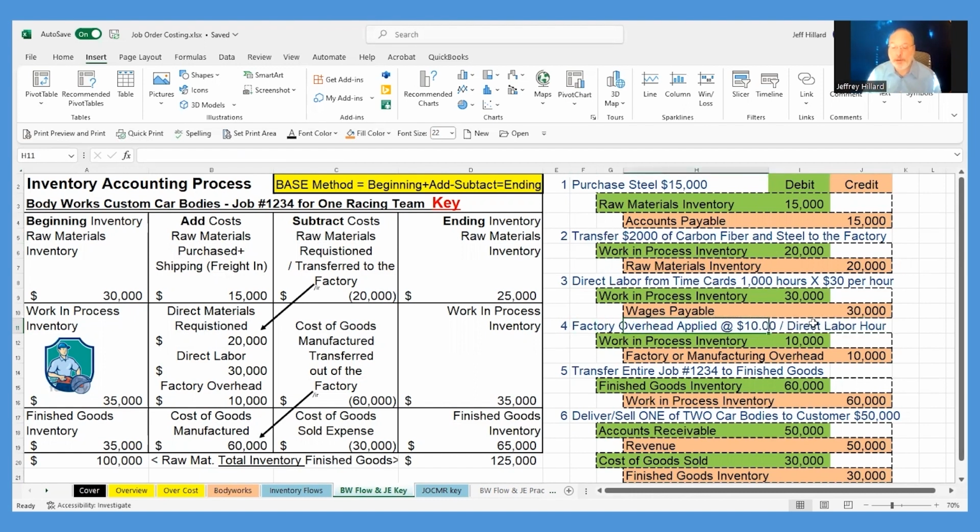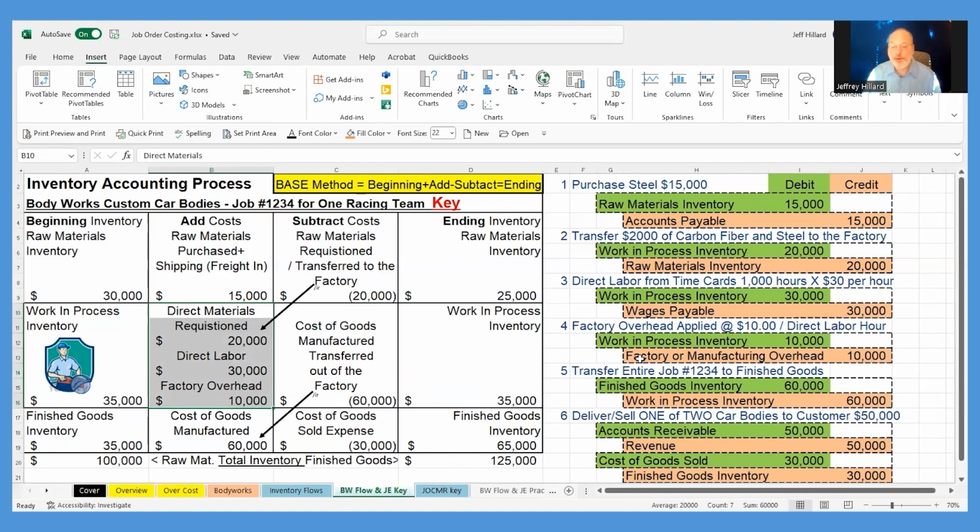You wouldn't run out and check the electric meter every time you used a piece of machinery. So we're going to put this all in one bucket, and we're going to allocate or apply. Remember, we use those terms interchangeably. Apply factory overhead, manufacturing overhead, at $10 per direct labor hour. $10 times 1,000 hours is $10,000 added to the cost of inventory.